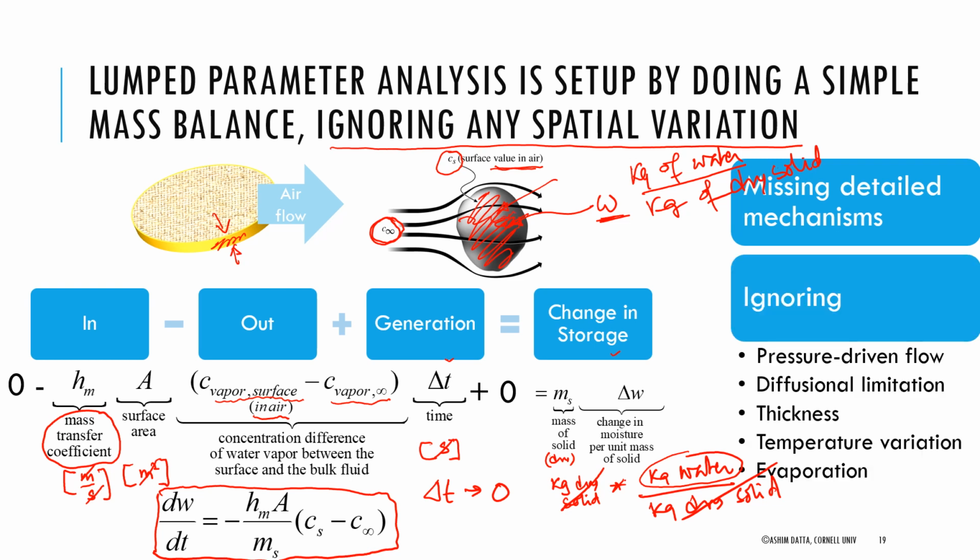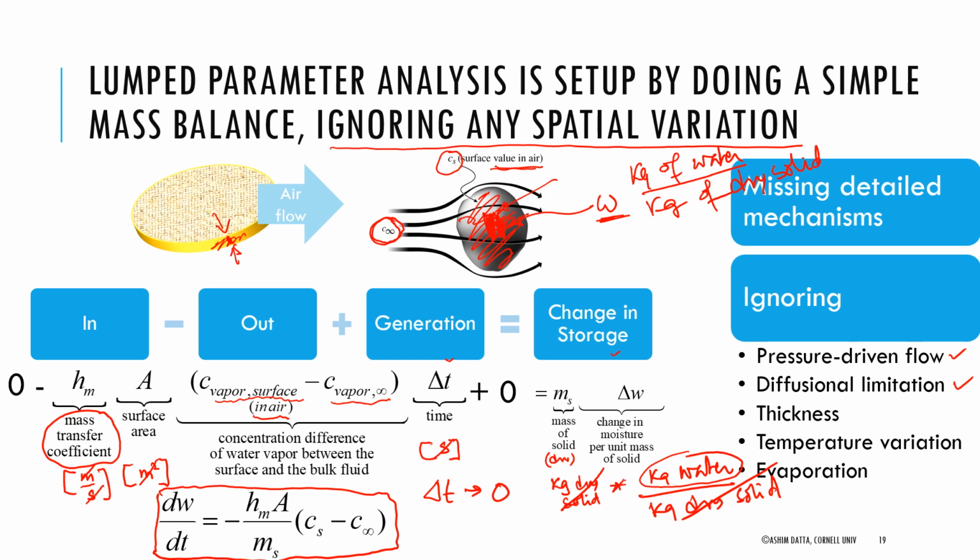Then some more detail we are ignoring. Suppose there's pressure driven flow. If this is being heated at high temperature, there's going to be vapors generated inside and it could generate pressure, and that pressure driven flow we are ignoring. Then even the diffusional limitation: moisture has to diffuse, it needs some time, some effort to diffuse, and we are ignoring that.